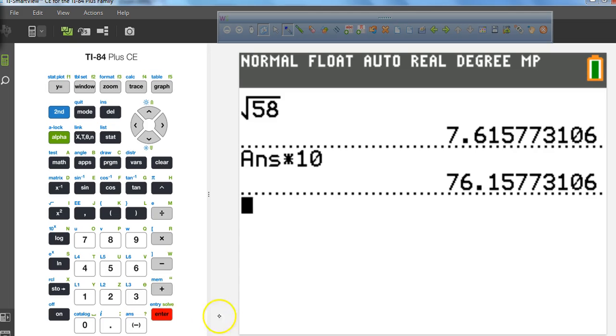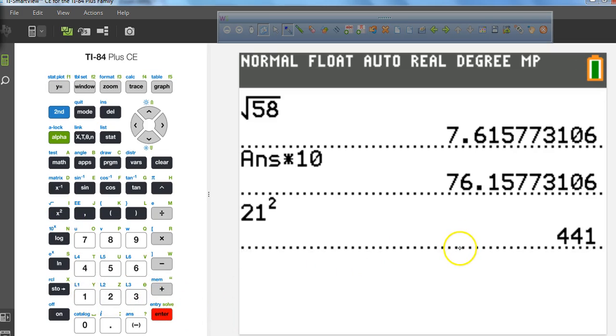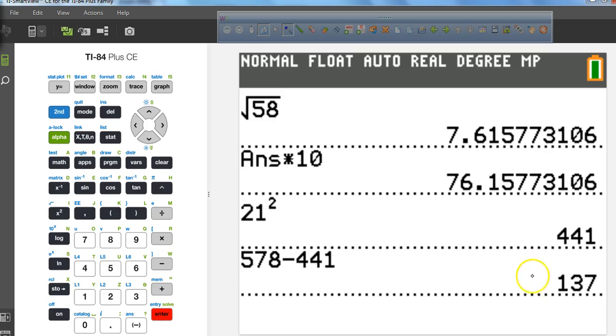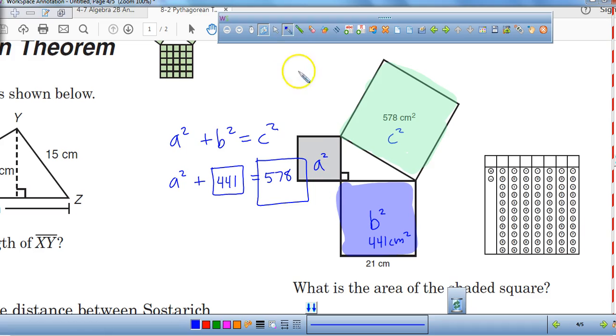Let's check the math real quick. 21 squared is 441. Now all you have to do is 578, which is the area of the big square, minus 441, which is the area of the medium square, and that gives you the area of 137. So the answer to a squared is 137 centimeters squared.